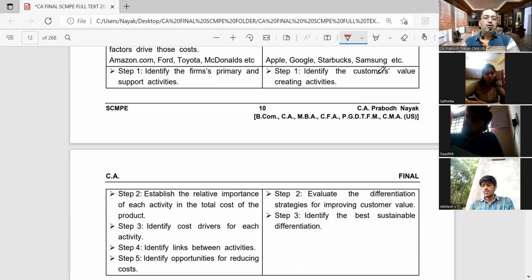After identifying all the value chain activities, managers have to focus on those activities that contribute the most in creating customer value.